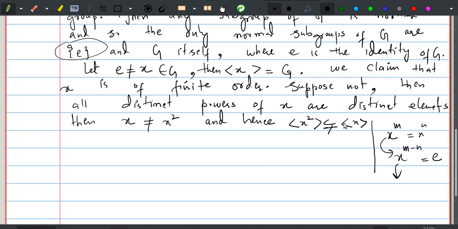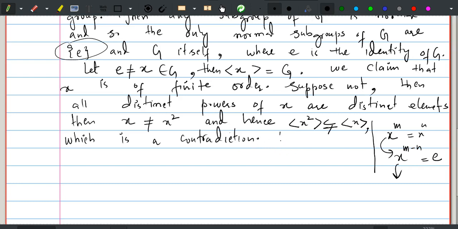So this means G has a non-trivial subgroup, a subgroup other than the trivial subgroup, which is not the case because G is simple. Which is a contradiction. So hence every element x in G is of finite order.